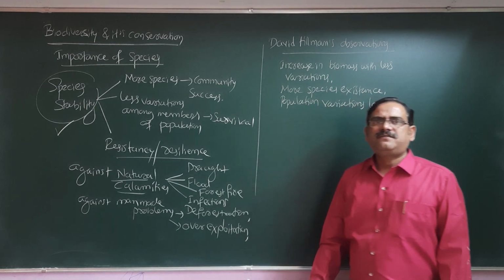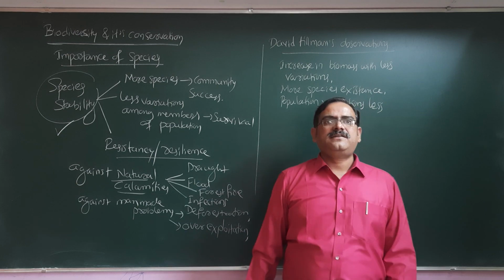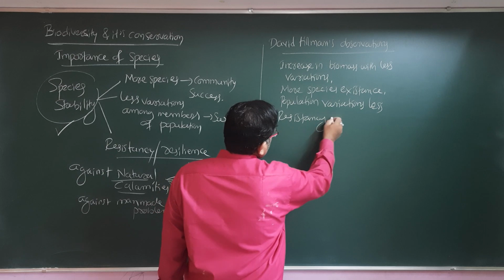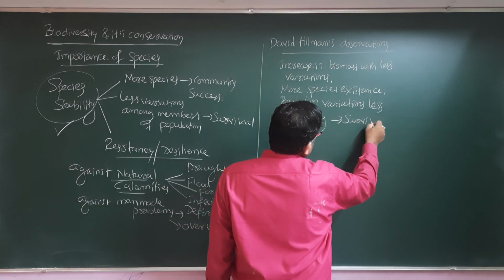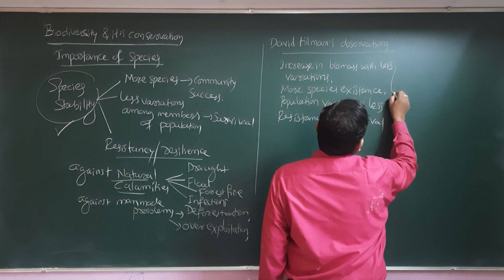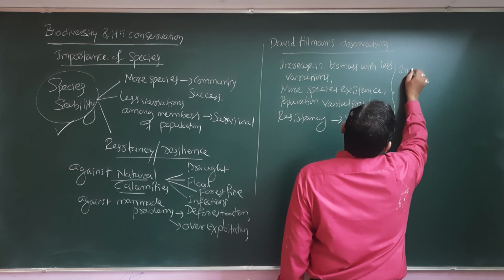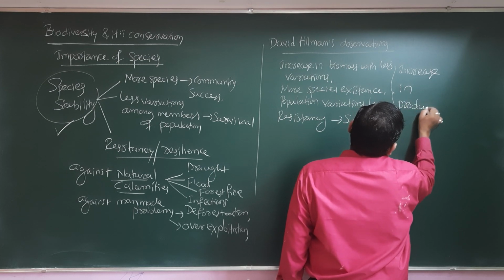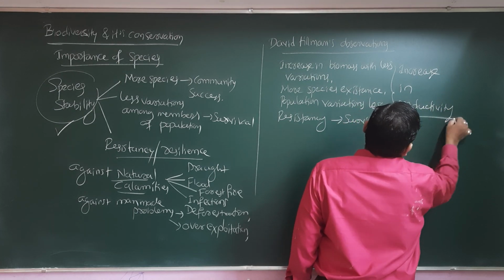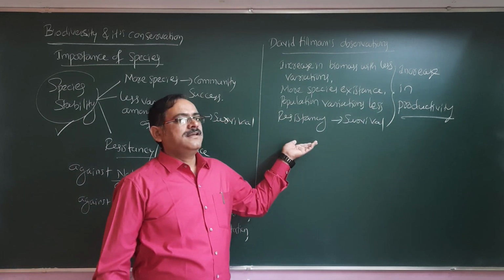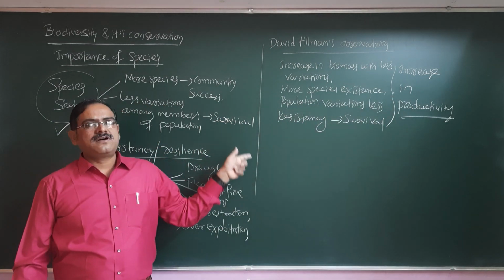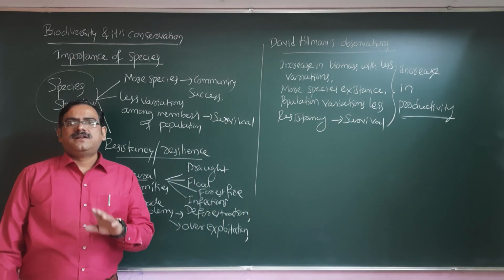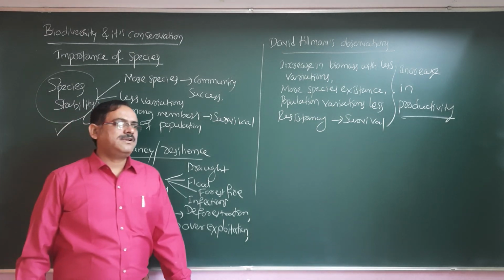So all these factors, and even resistance and survival, can lead to an increase in productivity. So this leads to success in the existence of a species. Thus the species are very, very important, their existence is important, then only we can say that.